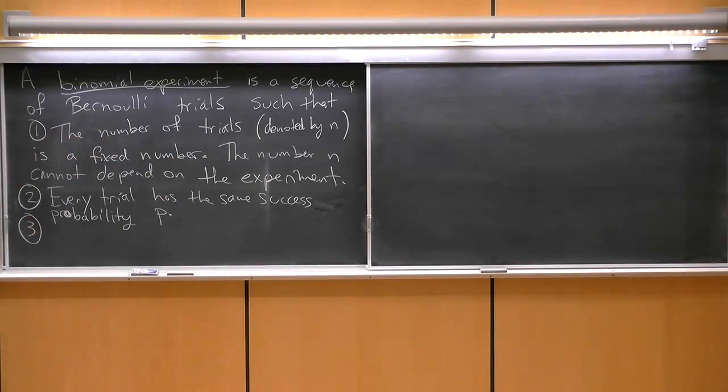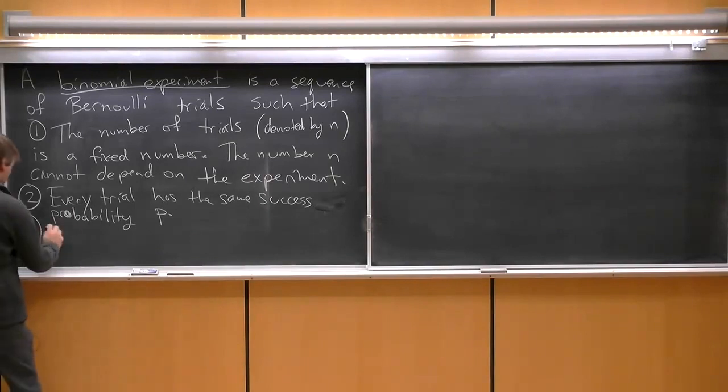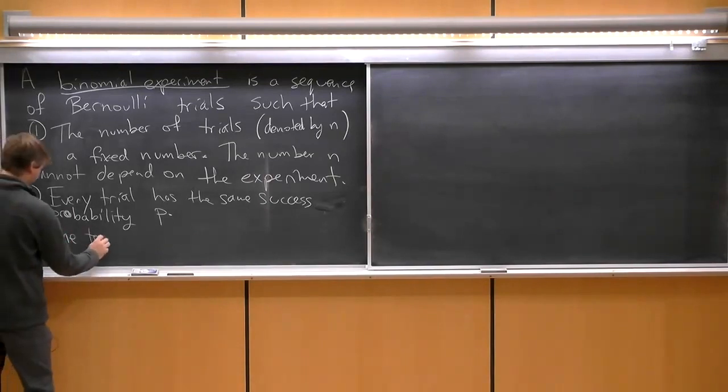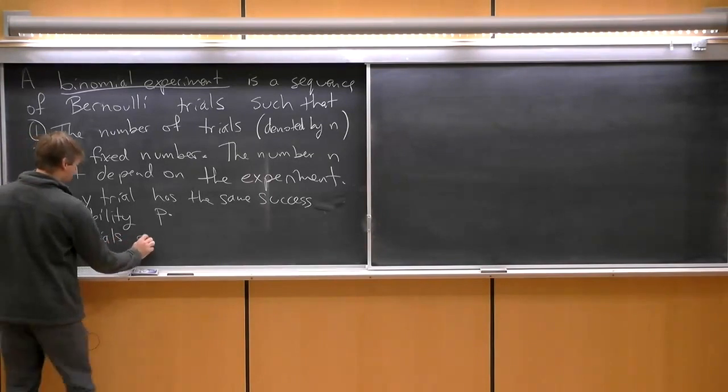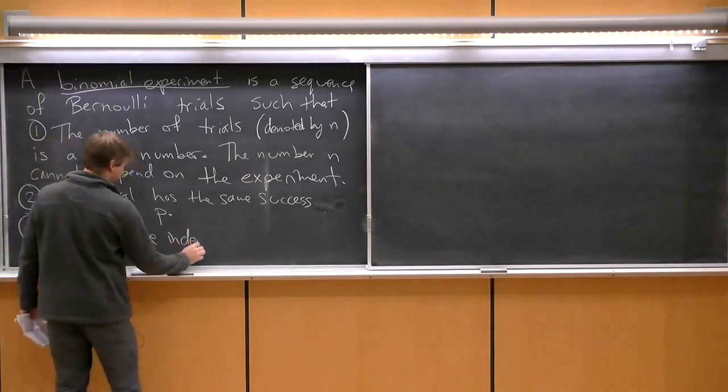So you can't say, okay, I flip a coin, it's a success if it's heads, and then I roll a die, it's a success if it's a 3. And then I flip a coin, and then I roll a die. Getting a heads has probability 1/2. Getting a 3 has probability 1/6. You can't mix and match these different probabilities. They've got to all have the same probability. And thirdly, the trials have to be independent.